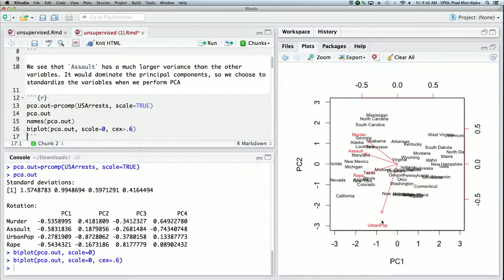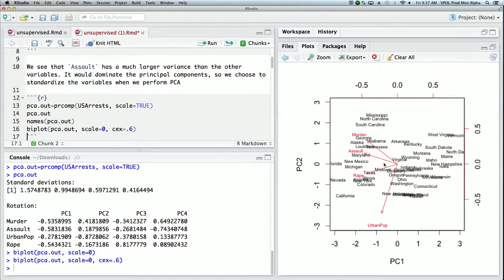And then in red, we see superimposed on this plot the directions of the loadings for the principal components, the direction vectors. Here we see that this first axis is largely due to the 3 types of crime: murder, assault, and rape. And so here's the one direction.